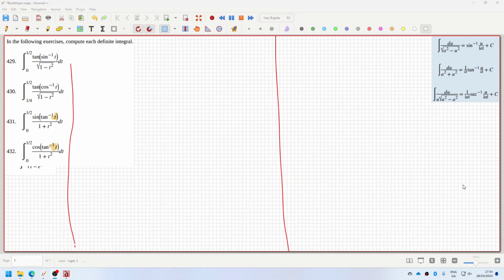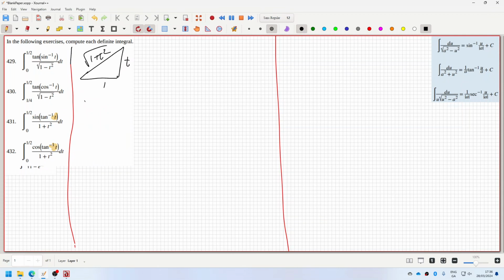Okay, so I had to watch a quick YouTube video on how to do this, because the substitution I wouldn't have guessed. It's quite a bit more difficult than the other three. We start off with the usual triangle situation here, t, 1 and root 1 plus t squared.